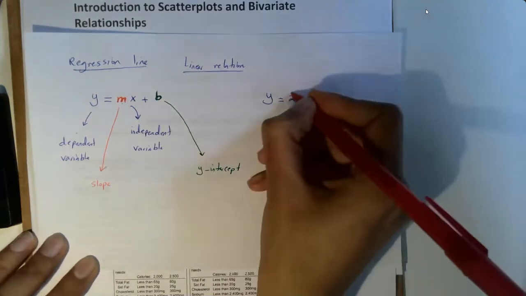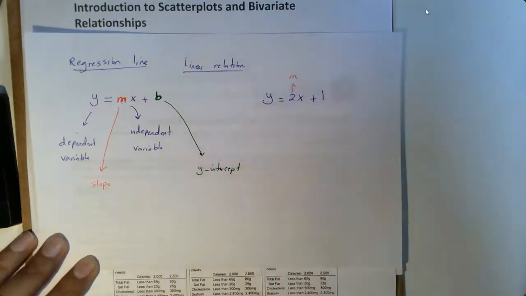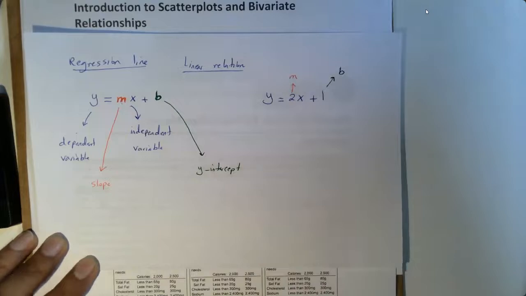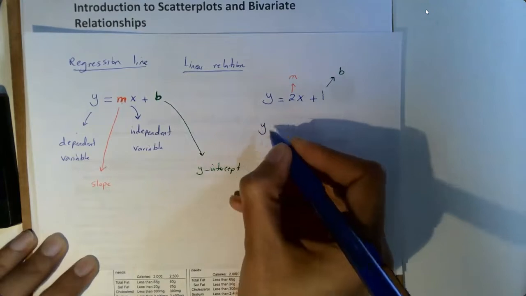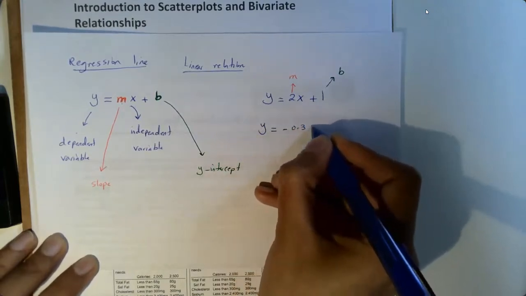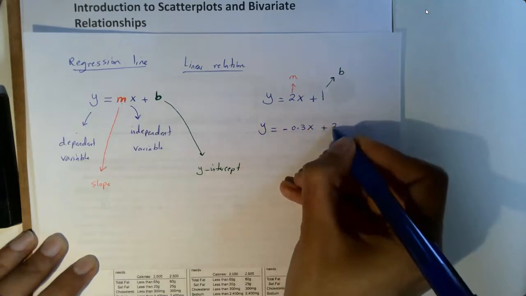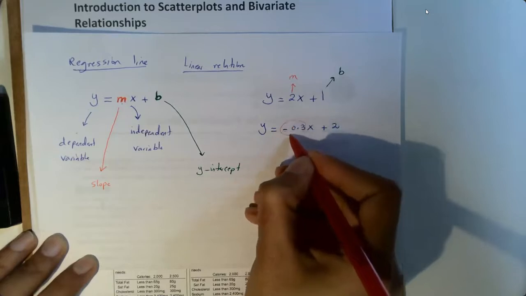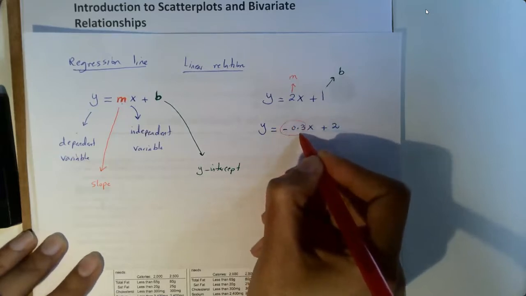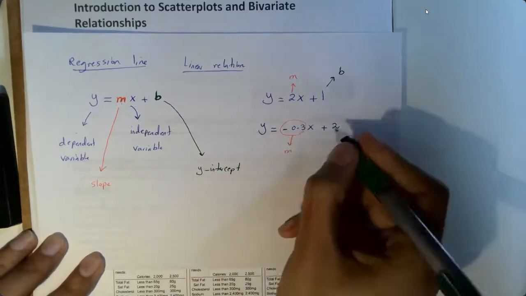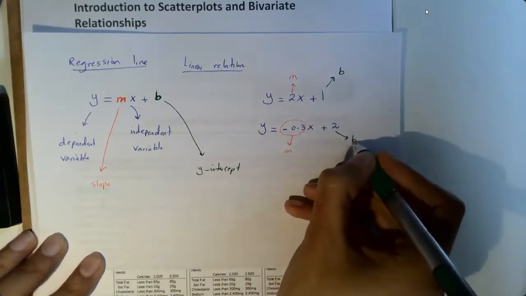M, or the slope of the line, is 2, and the y-intercept is 1. Or you might see y equals negative 0.3x plus 2. Your slope is a negative decimal number, but again, this is just a number. This is your m, and your y-intercept is 2.